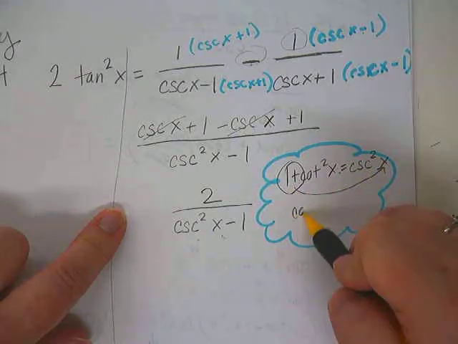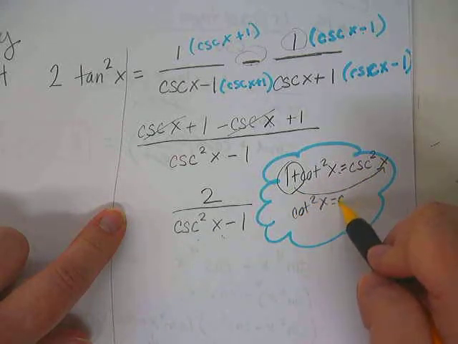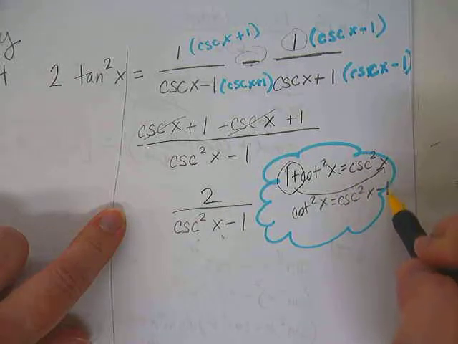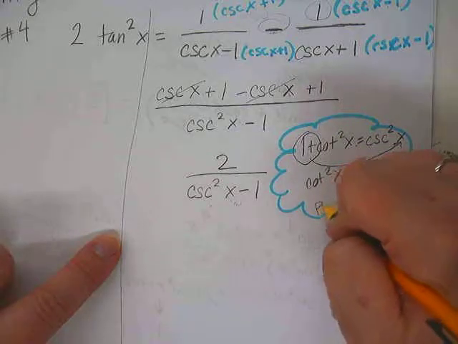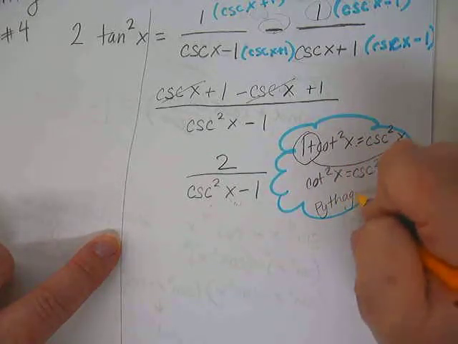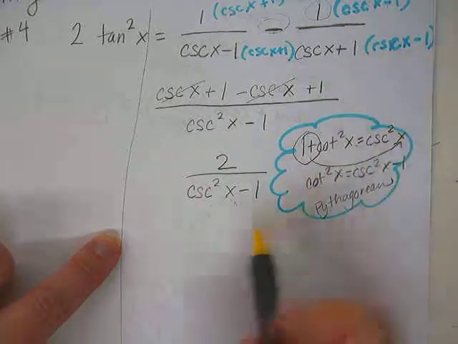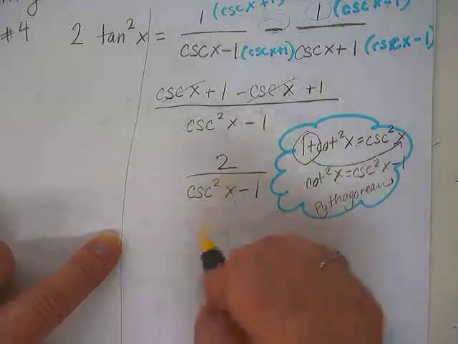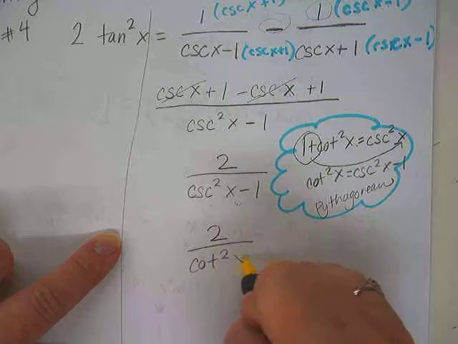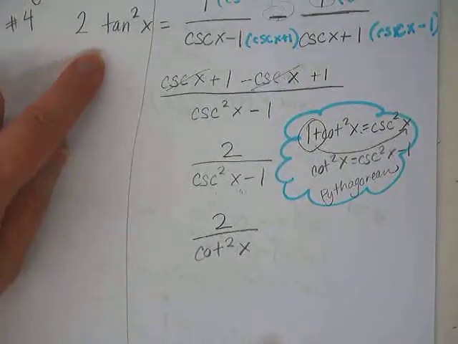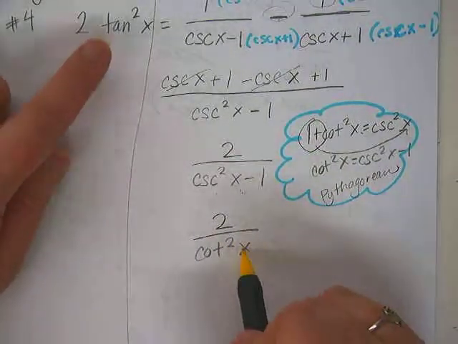So if we take that one and subtract it over there, we then have cotangent squared x equals cosecant squared x minus 1, which is what that is. So we should be able to just use this Pythagorean identity and change this to that. So let's do that. So 2 over cotangent squared x instead.